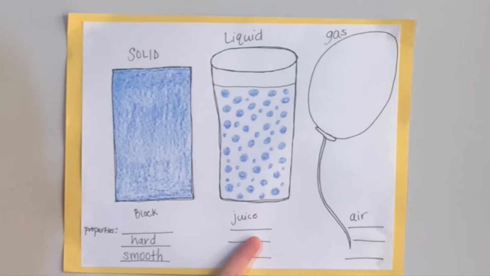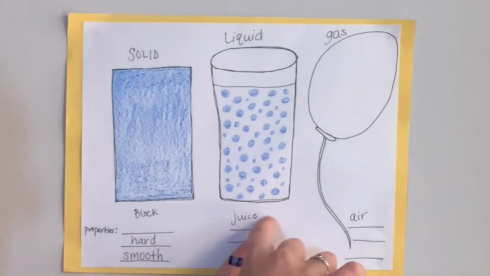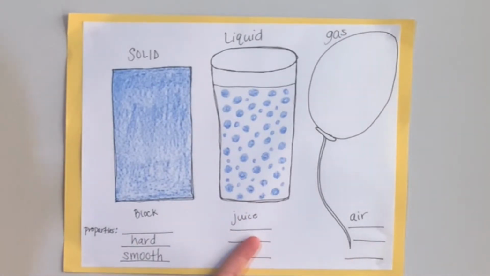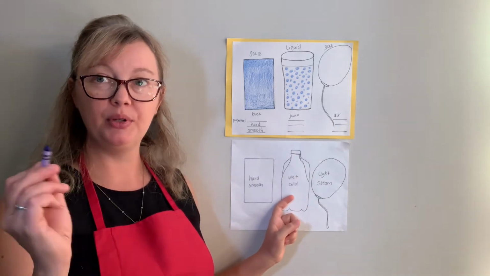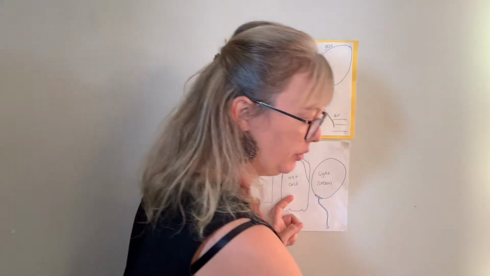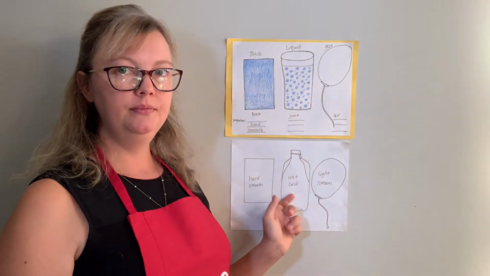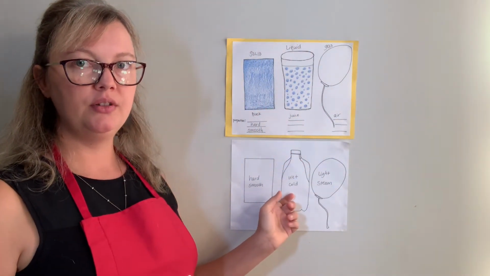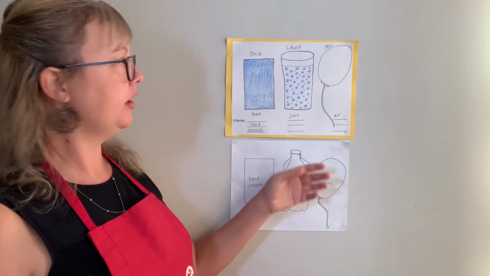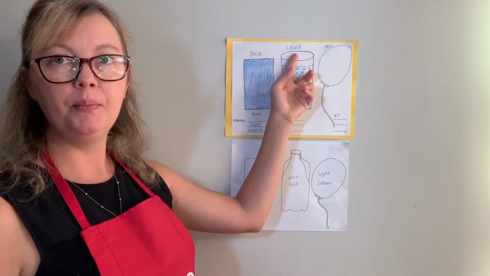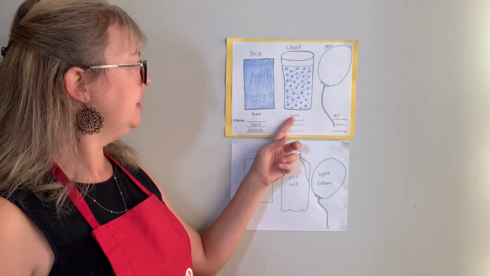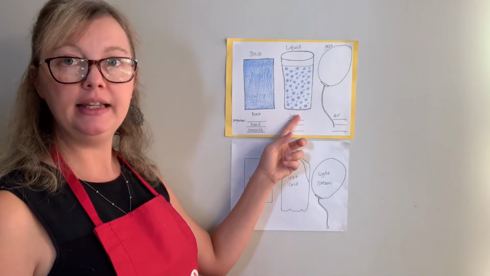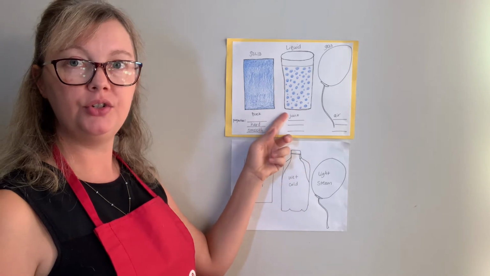What's this word? Juice. Nice. And what are some of our properties that go along with juice? So I'm going to put my crayon down. You can pick up your pencil and write these words with me. Remember, if you're a quick worker, you already put liquid up there on top. And if you want to spell juice, J-U-I-C-E, right under juice.